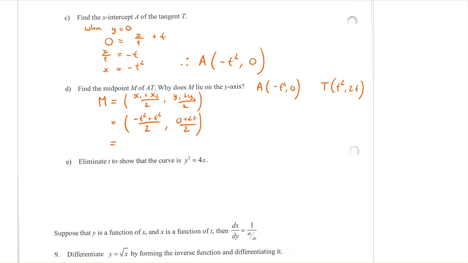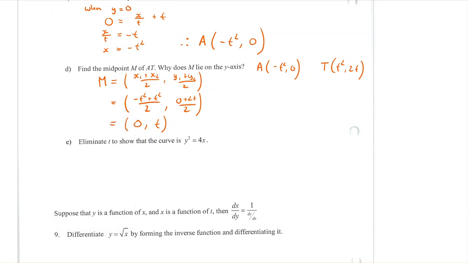Minus t squared plus t squared is 0. 0 divided by 2 is still 0. 0 plus 2t for the y value is 2t, divided by 2 becomes t. Okay, so there we go. We found the midpoint, and it does lie on the y-axis because we had a minus t squared plus t squared cancelling out in there.